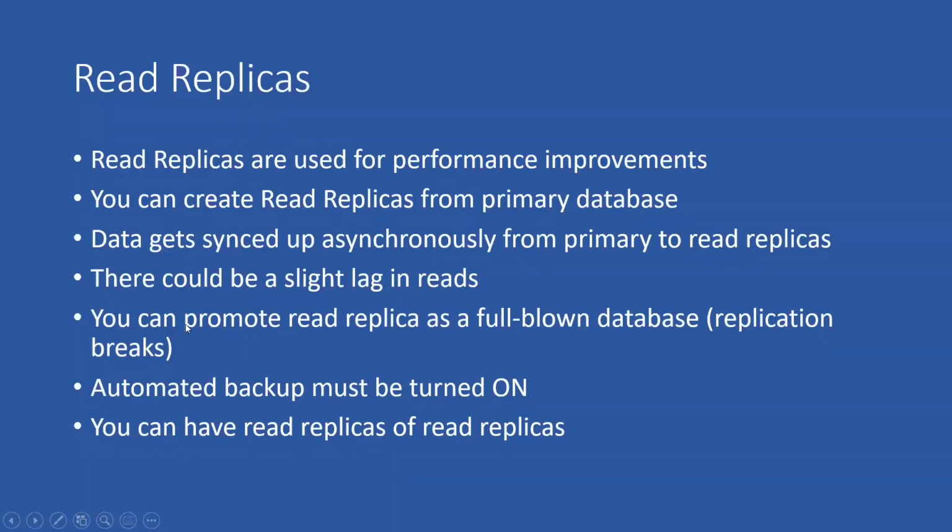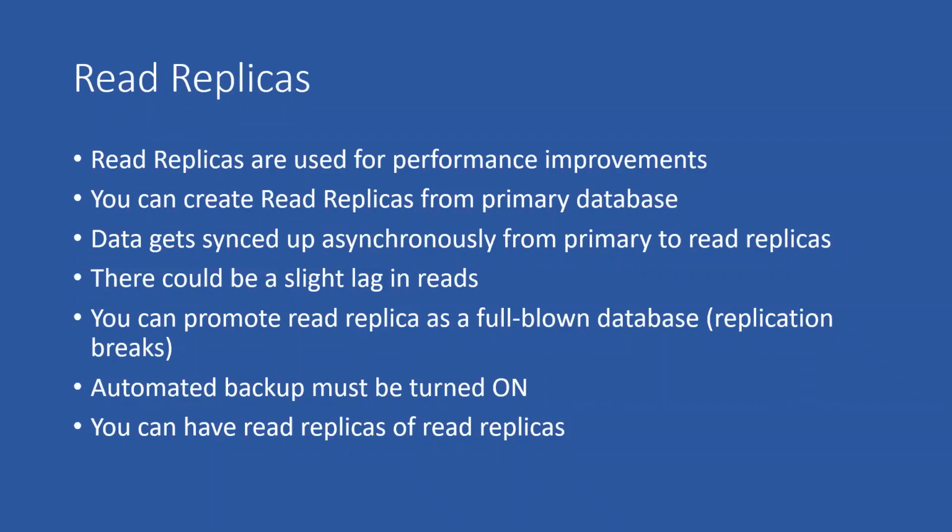You can promote your read replica as a full-blown database also. To start with, you have one primary database, and then you created a read replica. Now, at any point, you can decide to convert that into another full-blown database, because these are all individual databases, they have their own DNS names.